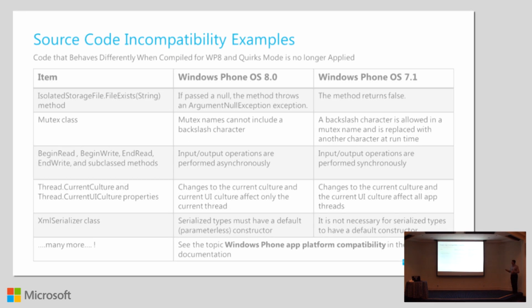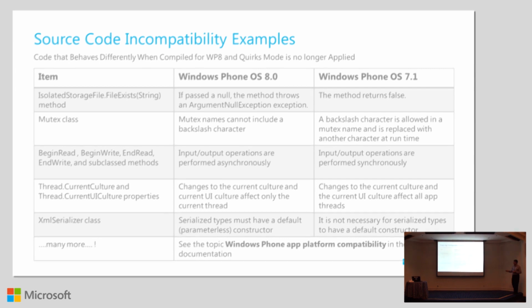And then we have binary incompatibility. What that means is you have a background file transfer task, and we have increased the limit from 5 to 25. But in code, if you have written code that expects 5, and then all of a sudden you have an array of 25s, then your application would break. Okay?